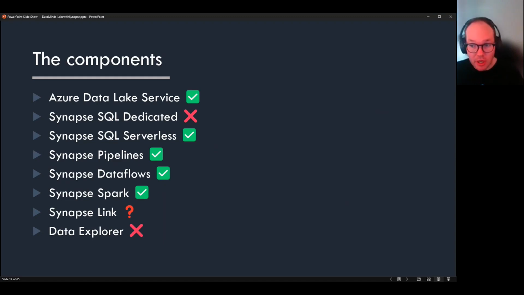We're potentially using data flows. We're potentially using Spark. We might be using Synapse Link, noting that at the moment for GA purposes, it's only Dataverse and Cosmos DB that are generally available. And we're not talking about a data lake, Data Explorer driven architecture. So that's where we get to in this world.